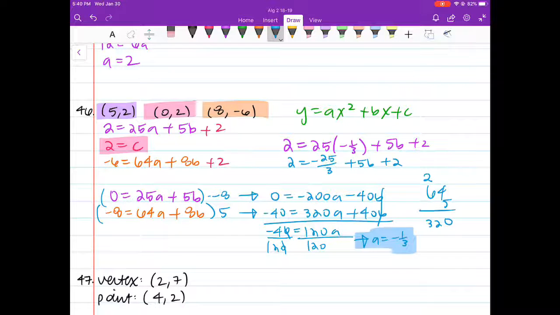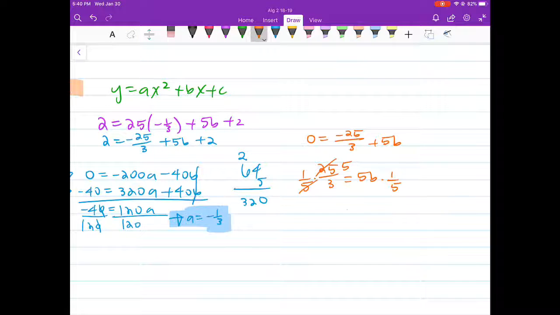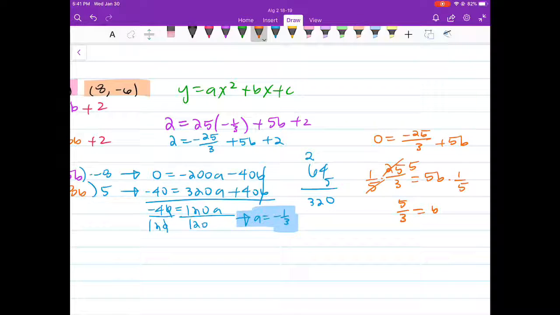Subtracting 2 from both sides, we have 0 equals negative 25 over 3 plus 5b. We are going to add 25 thirds to both sides, so 25 over 3 equals 5b. And to solve for b, we are going to multiply both sides by 1/5, which is great because that cancels slightly. So b is a positive 5 thirds.